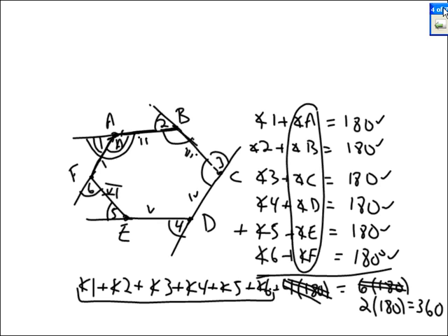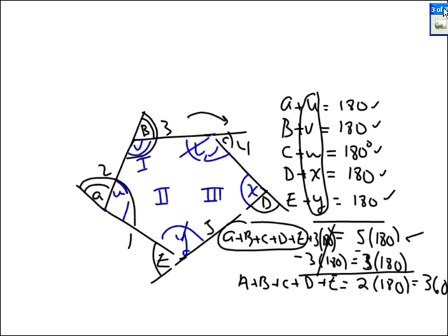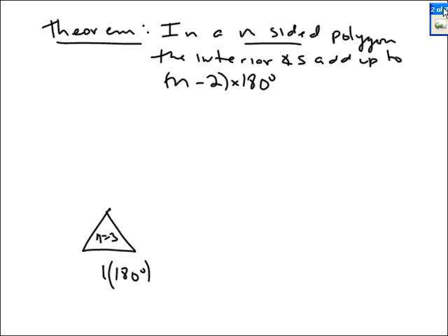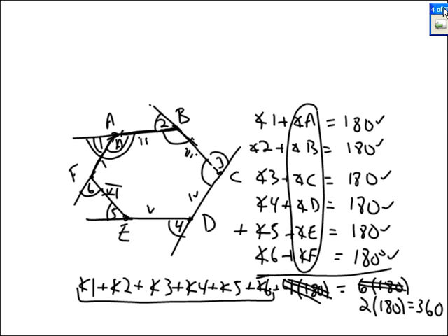And the other one says that the sum of the angles in an n-sided polygon will always be 2 less than the number of sides, n minus 2, times 180 degrees. These are theorems that you need to know.